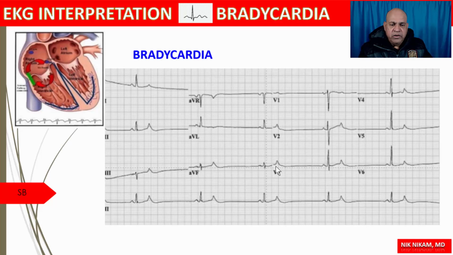For it to be second degree heart block type 2, the PP interval should be constant. But here, from this P to this P and from this P to this P, the intervals are not constant. That's what makes this particular deflection a premature atrial contraction.